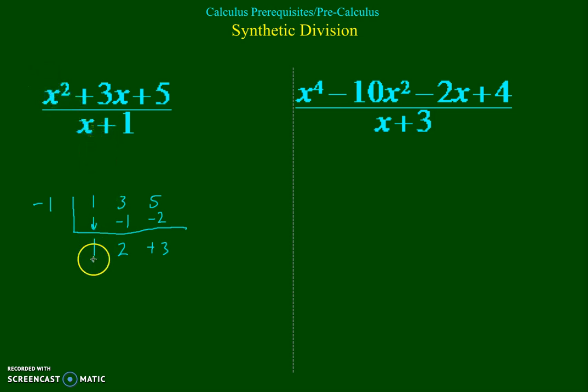So this is a linear coefficient. So this is going to be 1x, or just x. This is the constant 2, and this is our remainder, plus 3 over our divisor, x plus 1. So this is equivalent to this expression here.